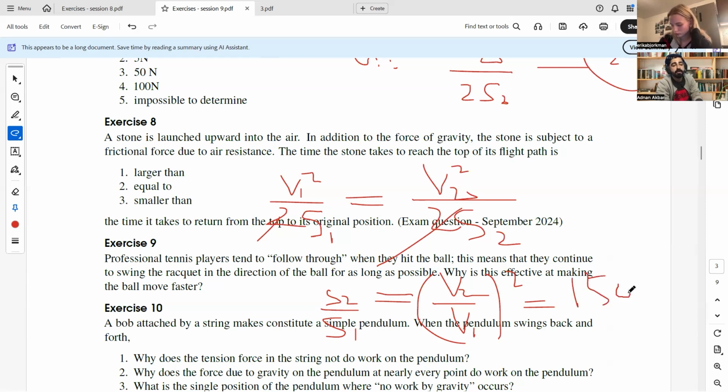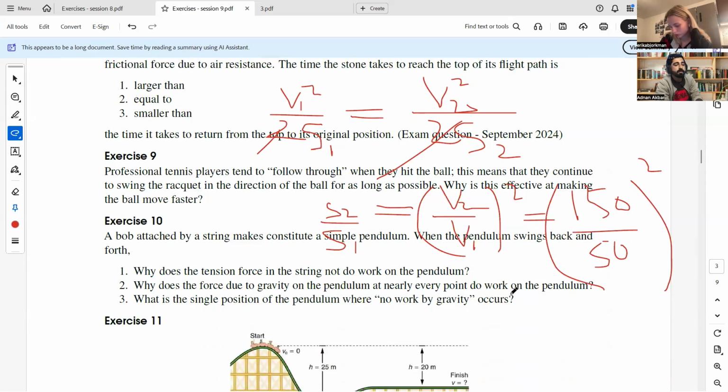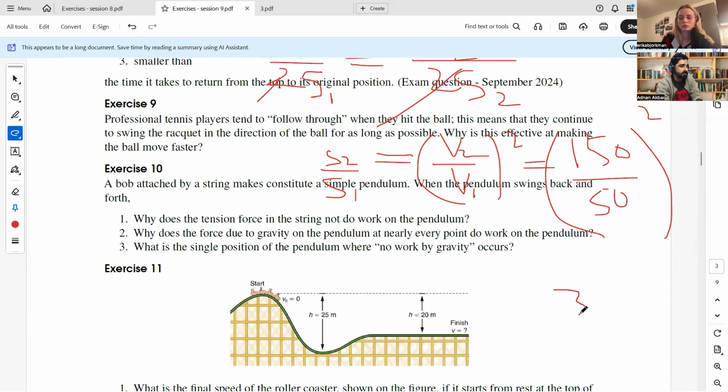150 divided by 50 whole square. So 150 divided by 50 will result in 3 square, which is 9, equal to S2 divided by S1. But you have to find S2, so isolate the value of S2.